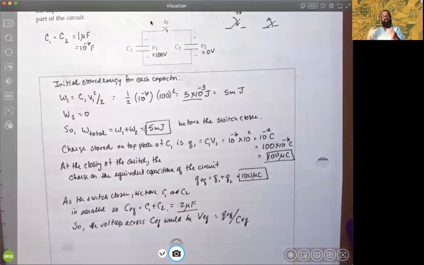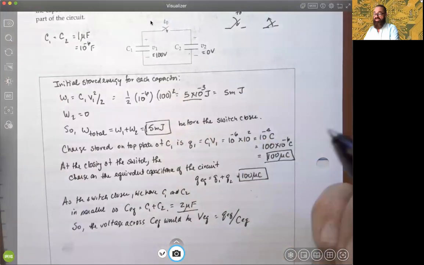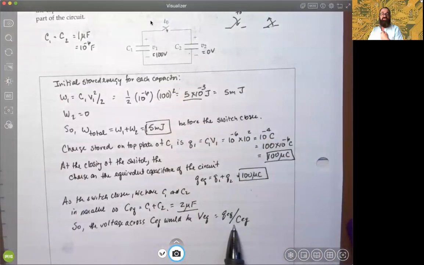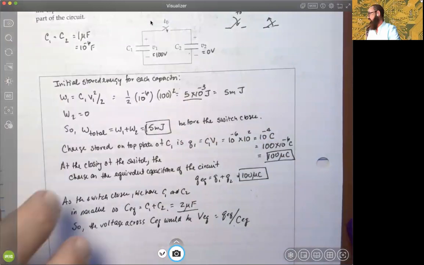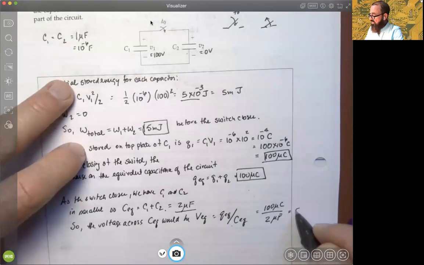In other words, voltage is just charge divided by capacitance. When you combine these into one capacitance and you need the voltage, you just divide the charge represented in that equivalence by the capacitance. In this case, it's 100 microcoulombs over 2 microfarads, and that gives you 50 volts.